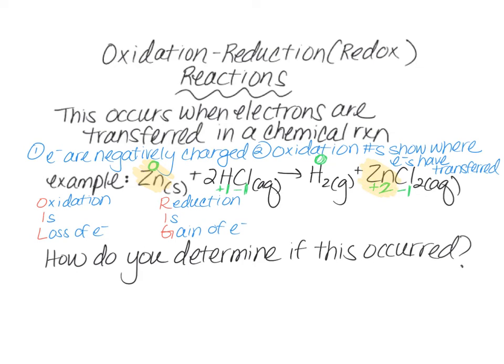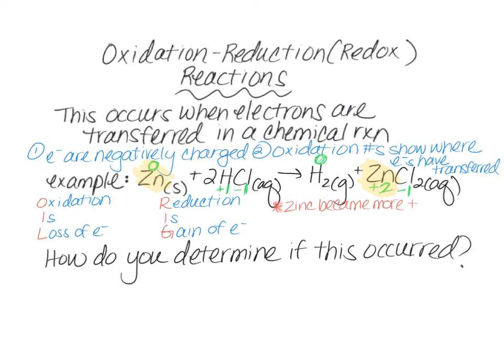So you have to ask yourself, were electrons lost or were they gained? Now zinc became more positive. Write it down here. Zinc became more positive. So that means it lost electrons because electrons are negatively charged.